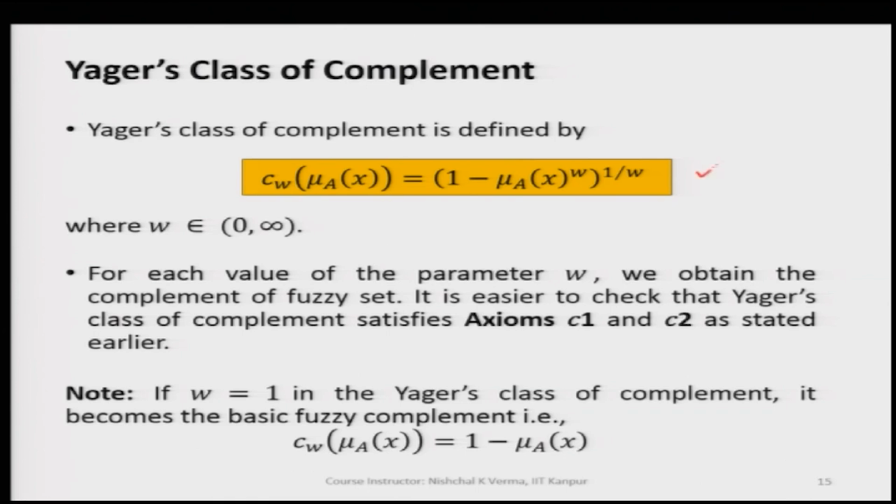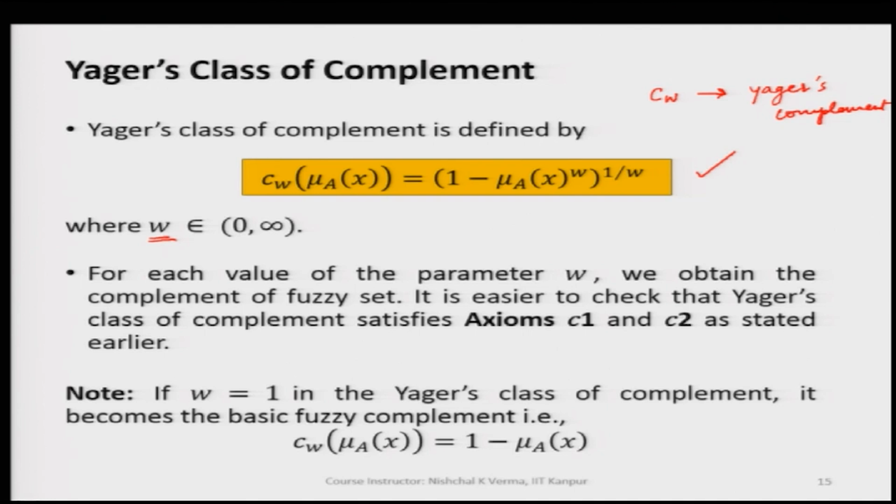The complement operator here is C_W, and this is called Yager's complement. It is defined as C_W of mu_A(x) equal to (1 minus mu_A(x) raised to the power W), and then the whole raised to the power 1 over W. Here the W value can be anywhere from 0 to infinity.